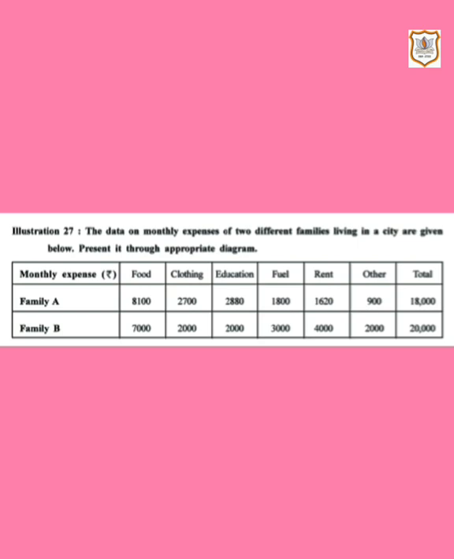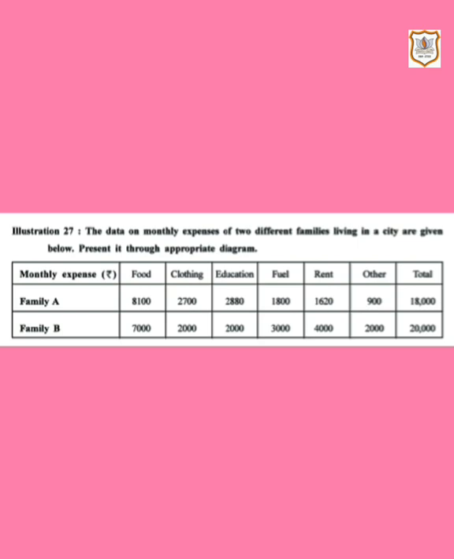So the monthly expense of food, clothing, education, fuel, rent, other, and total is given for family A and family B. Family A has 8100 expense on food, 2700 on clothing, 2880 on education, 1800 on fuel, 1620 on rent, and 900 on miscellaneous or other expense.